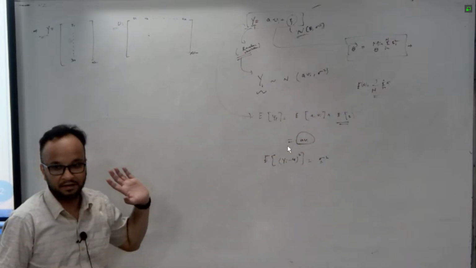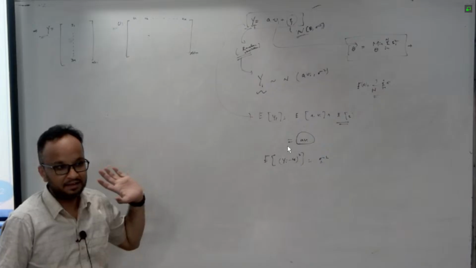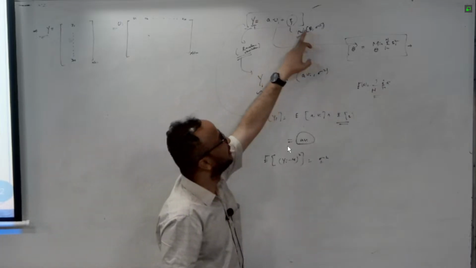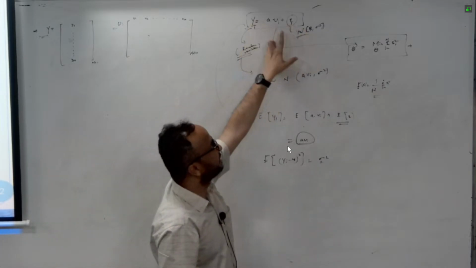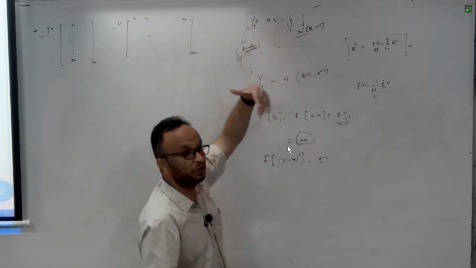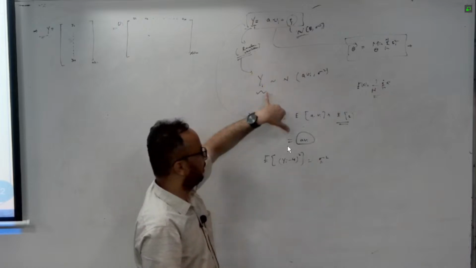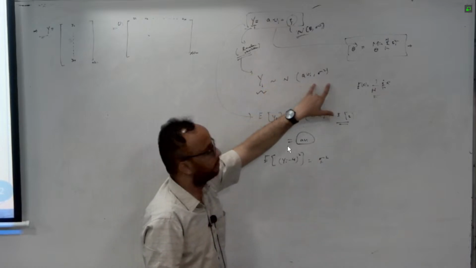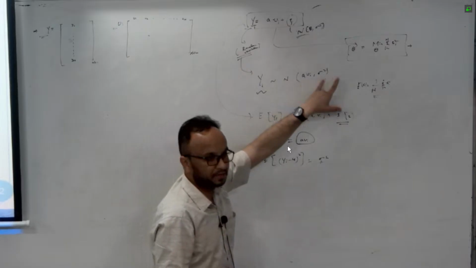Do you agree? Is it clear? Because epsilon follows a Gaussian distribution and what is getting added to it is a deterministic value with no randomness, the output is also Gaussian. So the mean is a·u_i and the variance is sigma square.